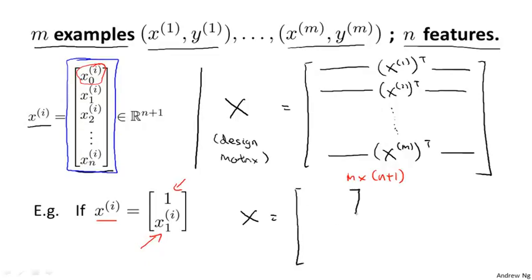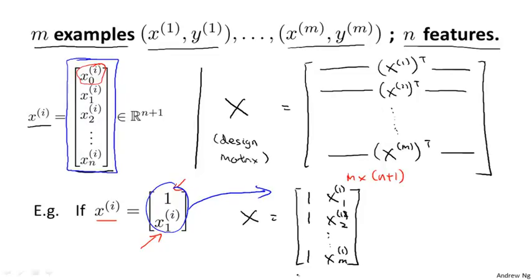For the first row, I take this and take its transpose, so I end up with 1 and then x1,1. For the second row, I end up with 1 and then x1,2, and so on down to 1 and then x1,m. Thus this will be an m by 2 dimensional matrix. So that's how I construct the matrix X.